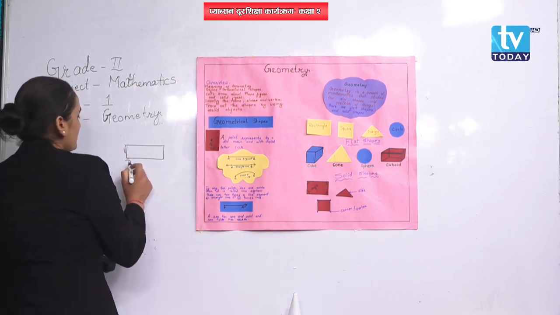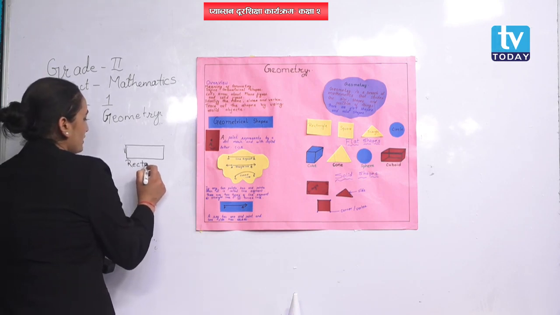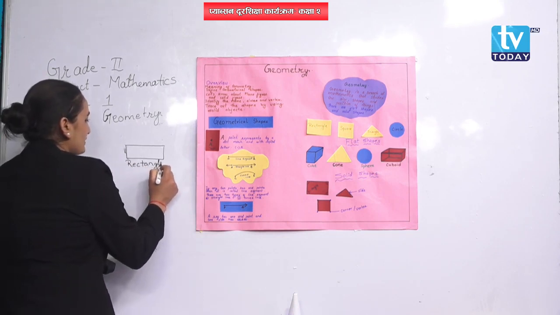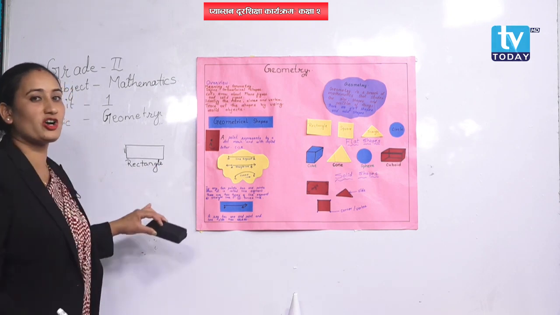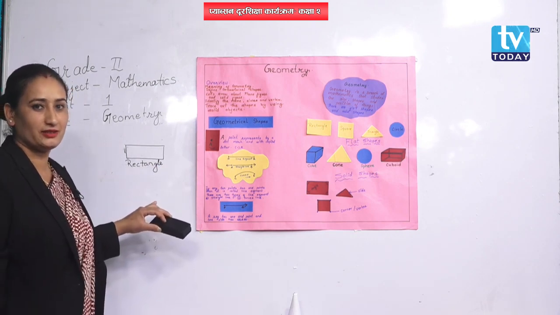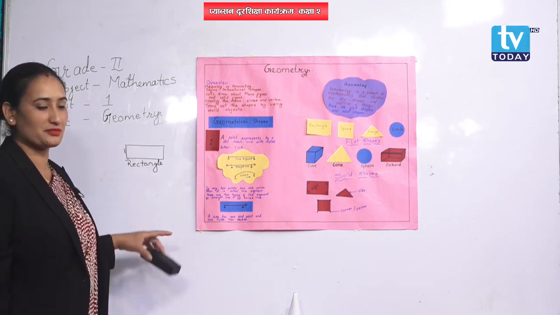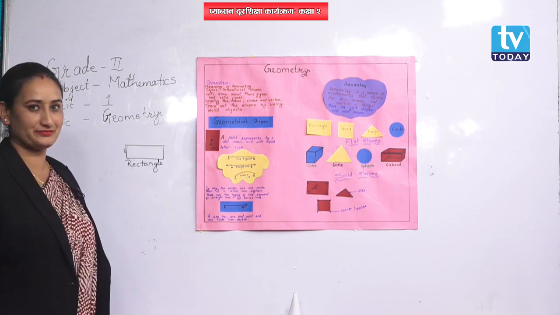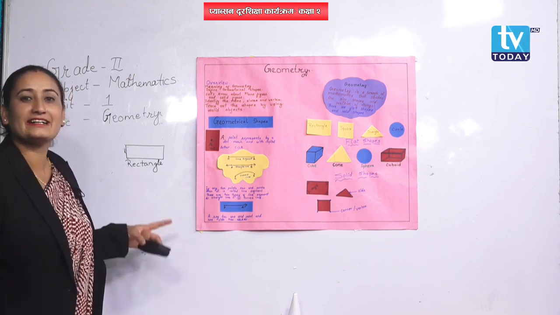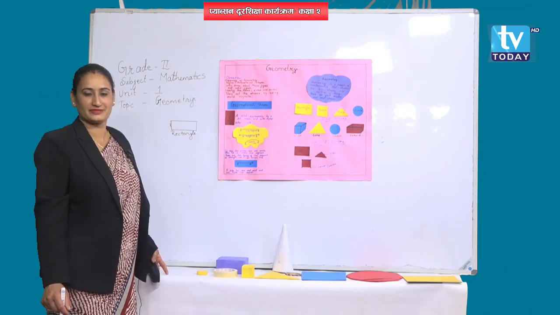Please write down the name of the picture. It's rectangular in shape. Please don't write mobile, because we cannot see the mobile after drawing the lines. Please write here rectangle in shape. Done.